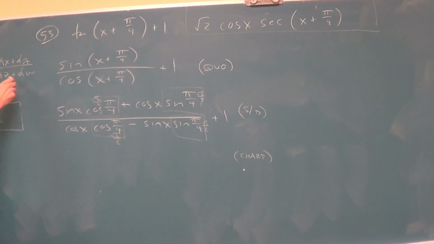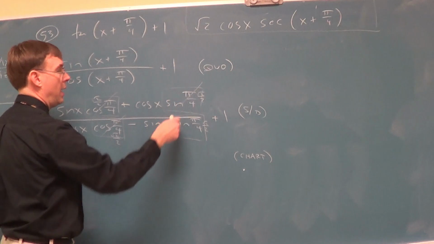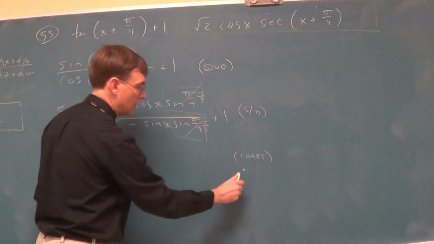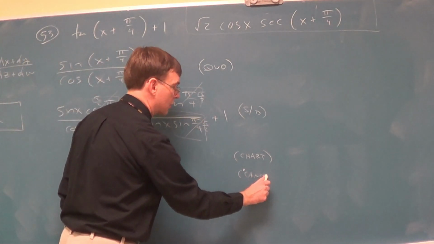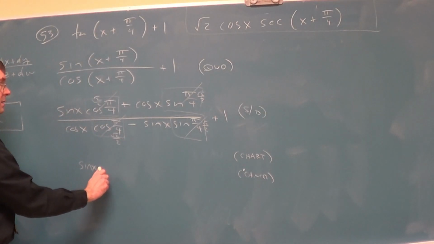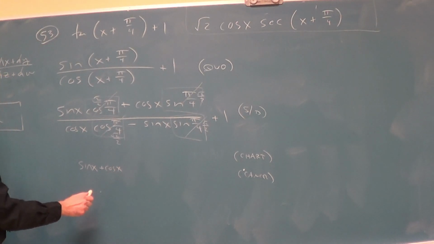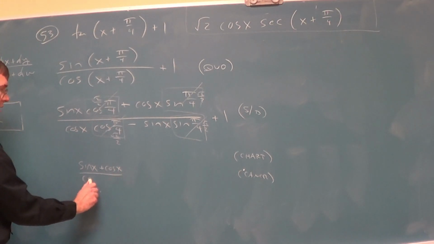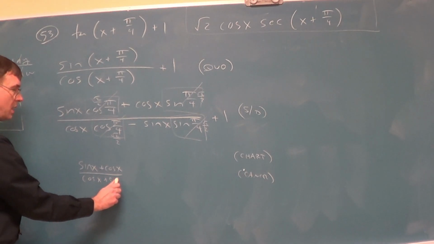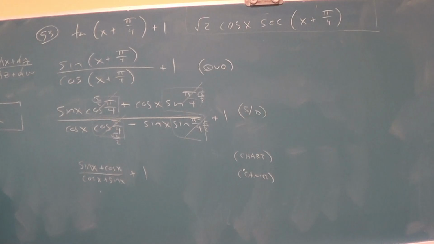All of these a's, because they're everywhere, would cancel away. Maybe say cancel. And then I'm looking at sine x plus cosine x on top of cosine x plus sine x plus a 1.